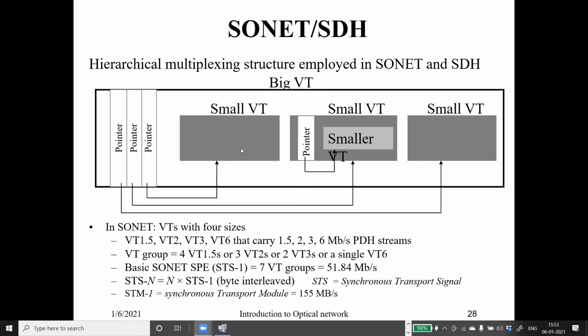So all DS1 only can be combined and kept here. In this one, if I'm keeping DS2, all DS2, that means a data rate of 2 Mbps, can be placed only in this. So there cannot be diversity when you are placing in one virtual tributary, but every tributary can have a different data rate.